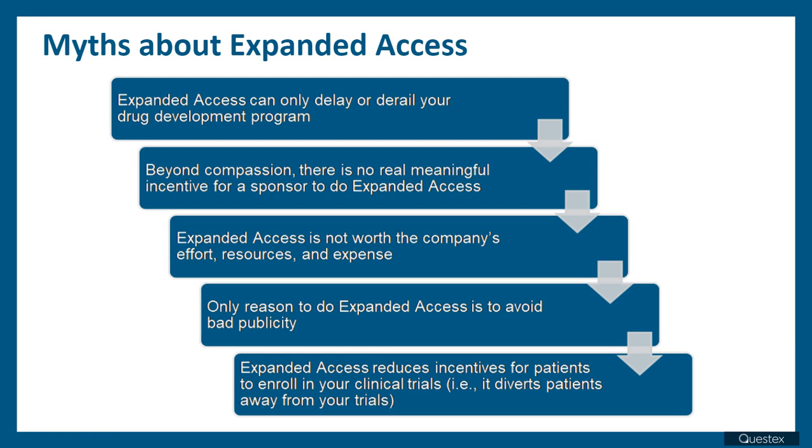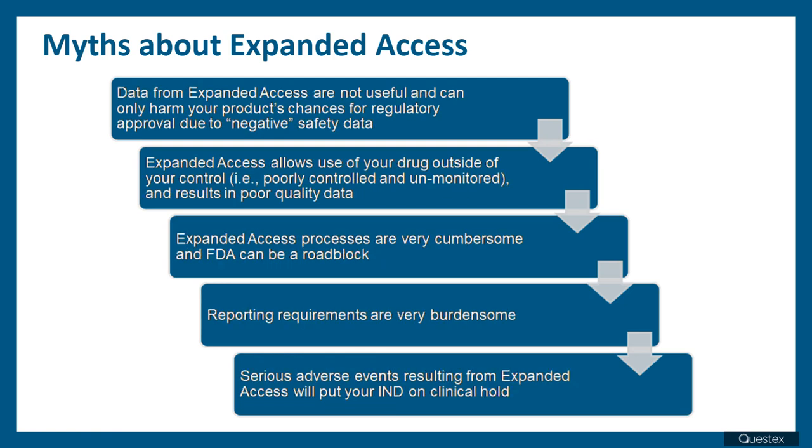Another bucket that expanded access would have a very bad impact on your development program by generating negative data or poor quality data, or by diverting patients away from your primary clinical trials in your development program. And a third bucket that, just generally speaking, a perception that expanded access is incredibly burdensome, very resource draining, and that FDA is basically a roadblock when it comes to expanded access.